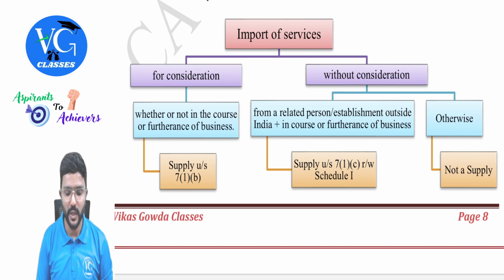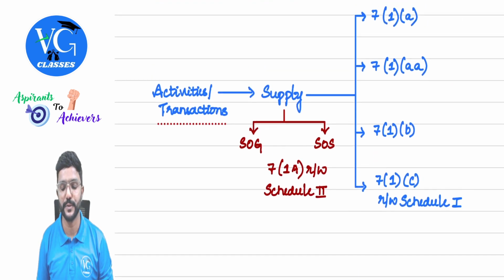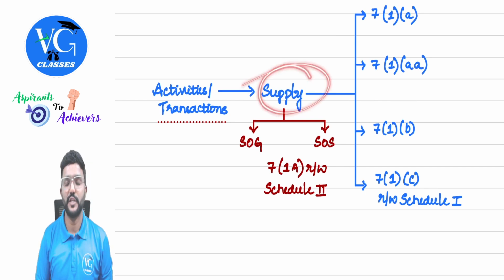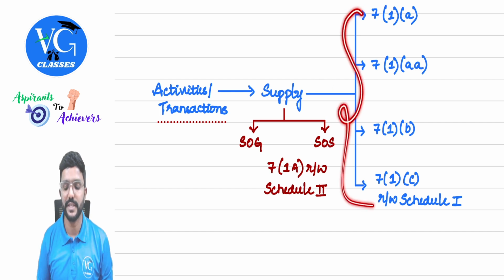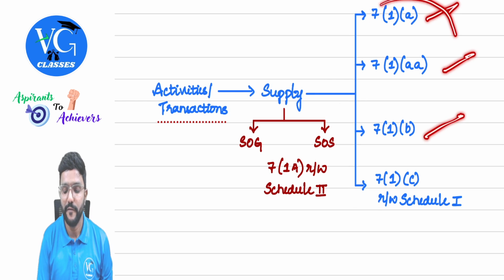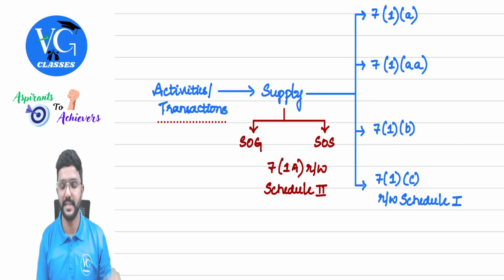Yes. So till now what we have learned is which activities or transactions will be treated as supply, and which sections we need to refer to, guys. Section 7.1a, 7.1aa and 7.1b tell us an activity or transaction will be a supply only when there is a consideration.